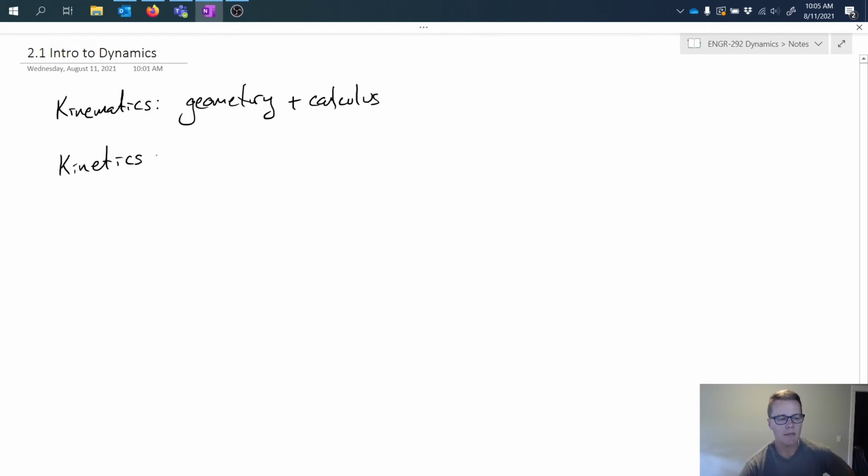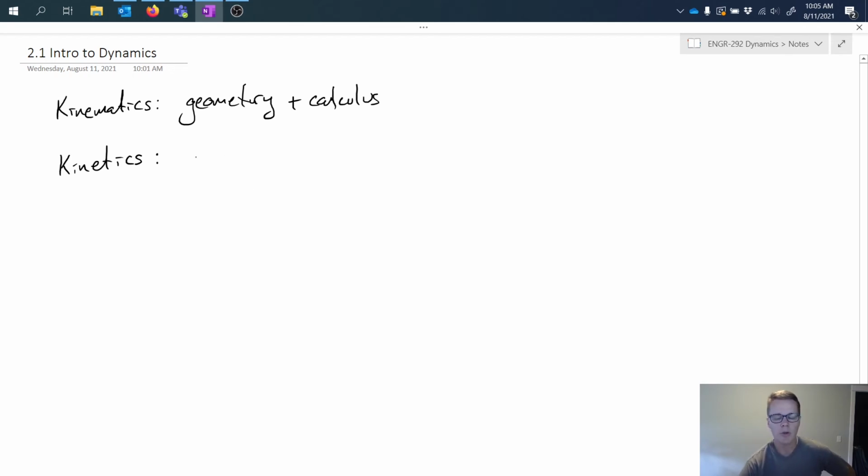We also have kinetics. And kinetics, you can think of that as the study of how this motion that we're studying came to exist, right? So it's motion achieved through the application of forces and moments or torques in order to produce that motion.